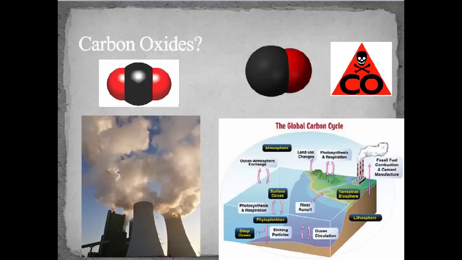And this usually comes from incomplete combustion, or cars just sitting there and idling. And it's incomplete because it's not getting enough oxygen. If it doesn't get enough oxygen, you tend to get incomplete combustion. And creating that carbon monoxide, that is a colorless, odorless gas that can be lethal.